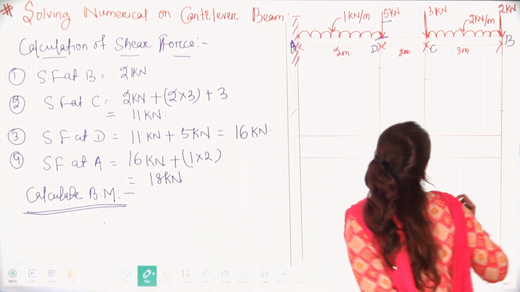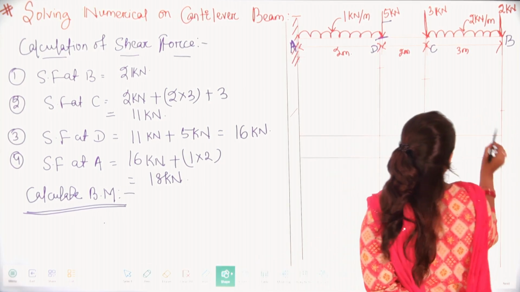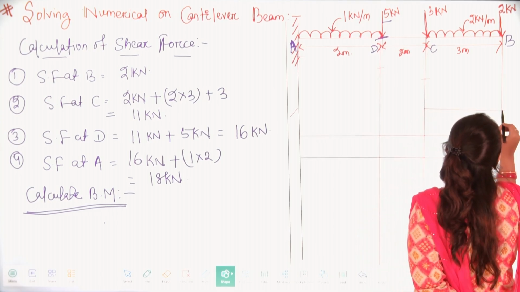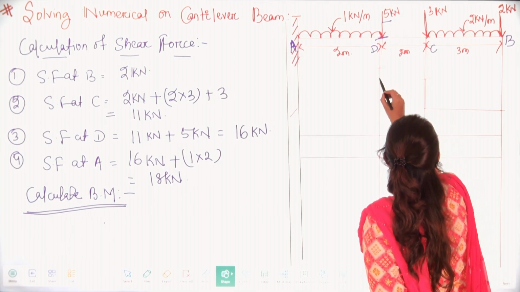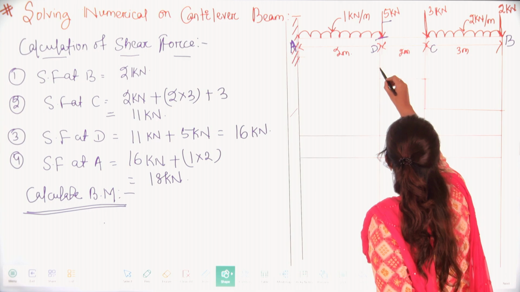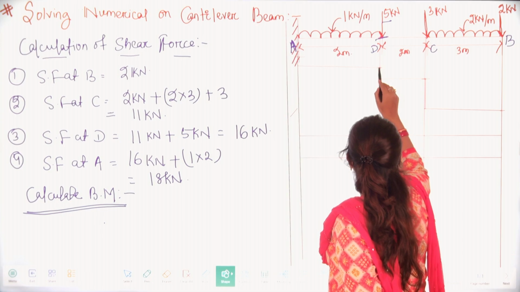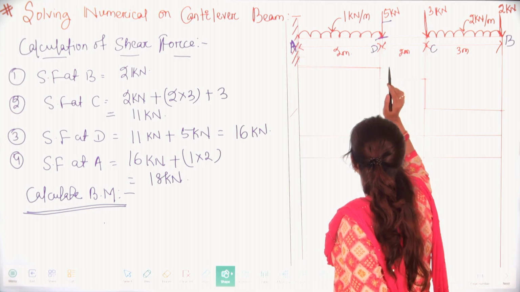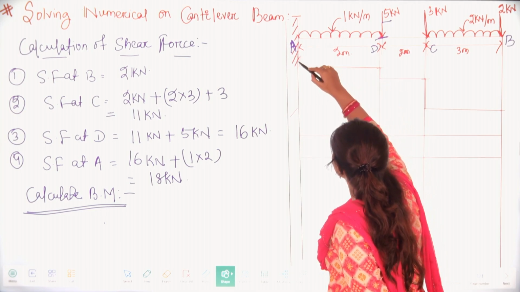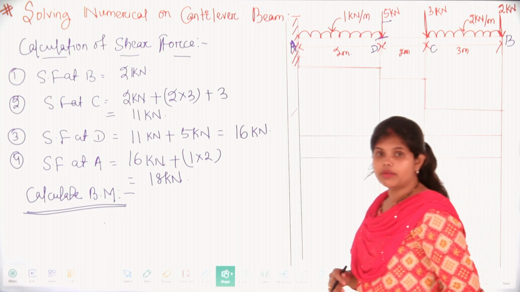Let's do it roughly. The diagram is going to look like this. Always remember, when we draw the shear force diagram, in the case of UDL or point load, the diagram will be linear.